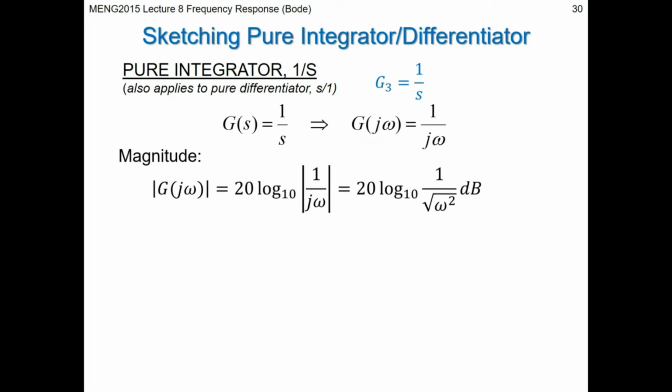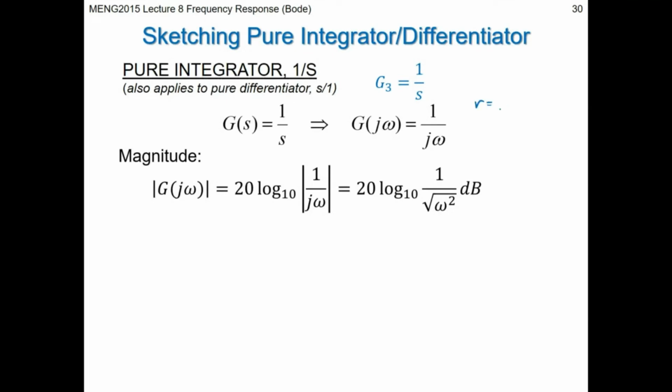Now, once we have that j omega form, or the frequency domain form of our transfer function, we can apply our normal rules that we looked at last time. So the magnitude of that transfer function is going to be 20 log base 10 of the magnitude r.